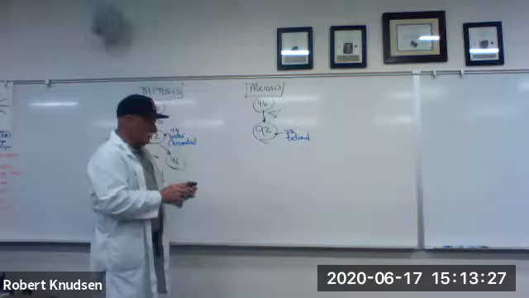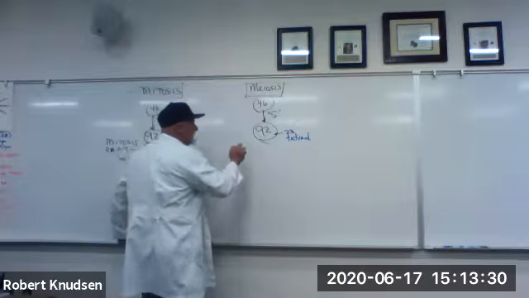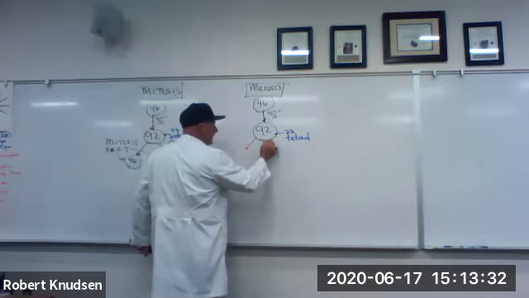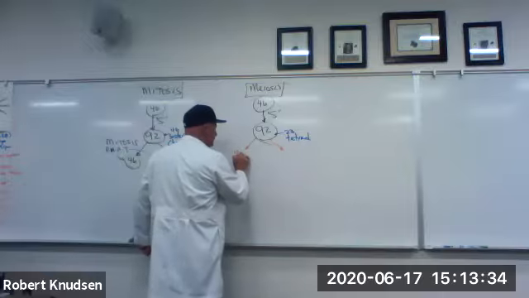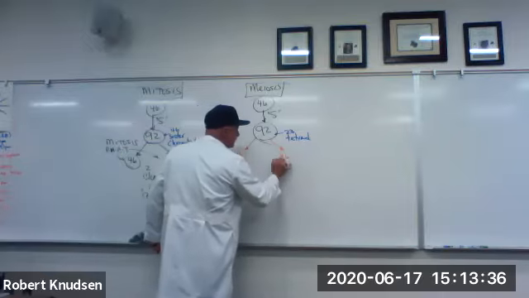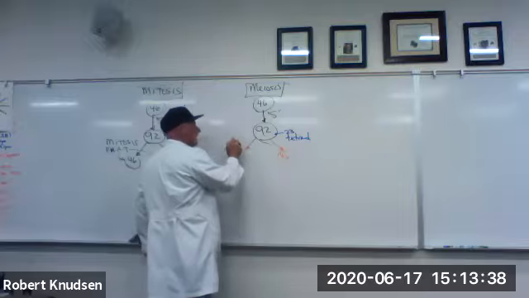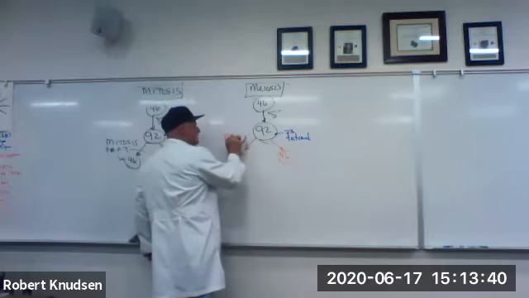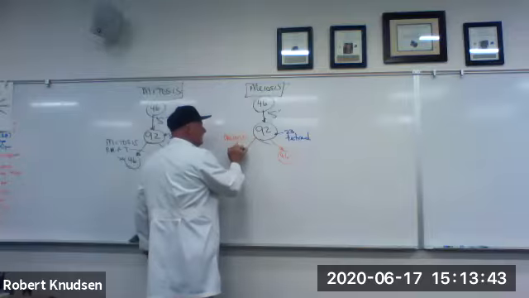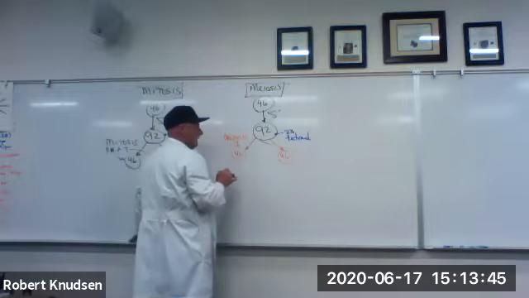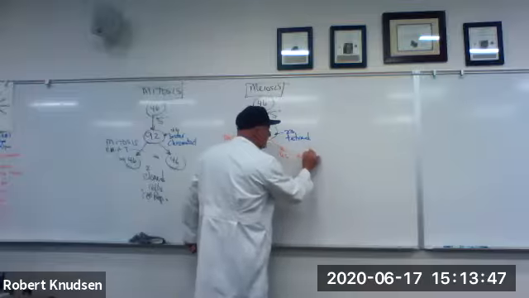Here, I'm going to use a different color. We split, we get 46, 46, so we get 2 cells of 46, and this is meiosis 1. Okay, and this is a dyad.